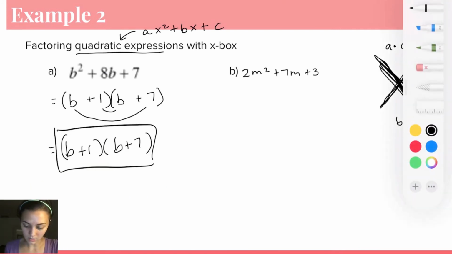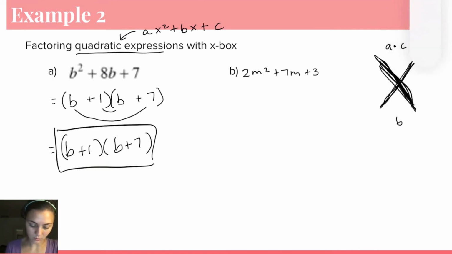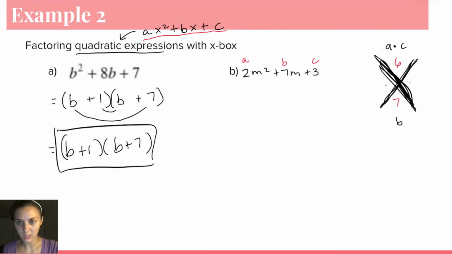And so I'll just, in red, remind you, so we're using our quadratic form. So in this case, A is 2, B is 7, and C is 3. So I'll fill in my X. A times C is 6, and then B is 7. Okay? And then in the two sides, I need something that multiplies to equal 6 and adds to 7.